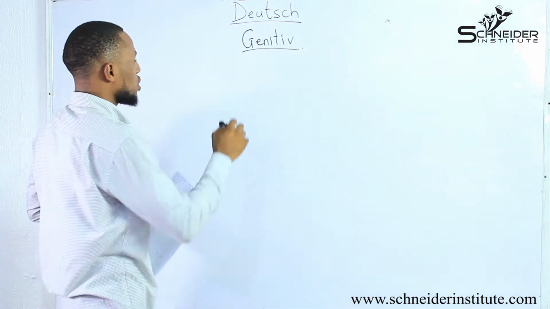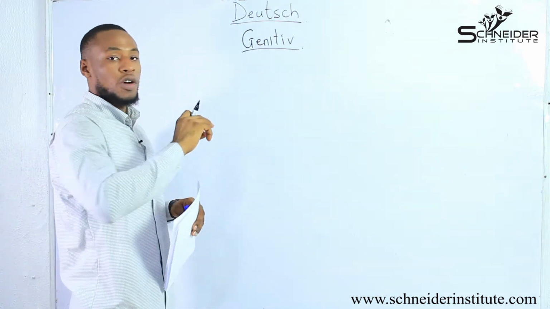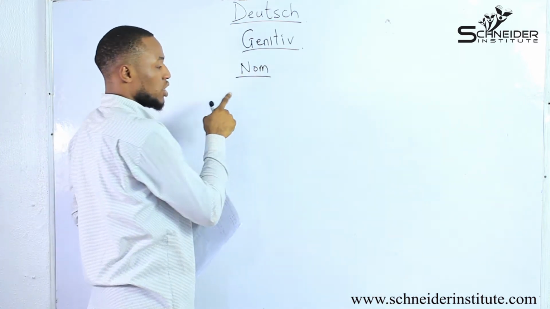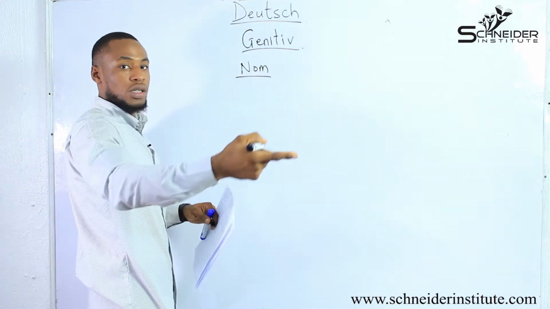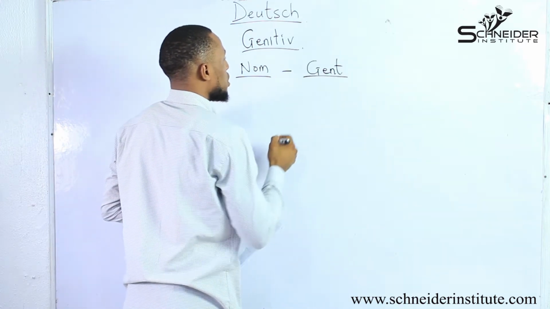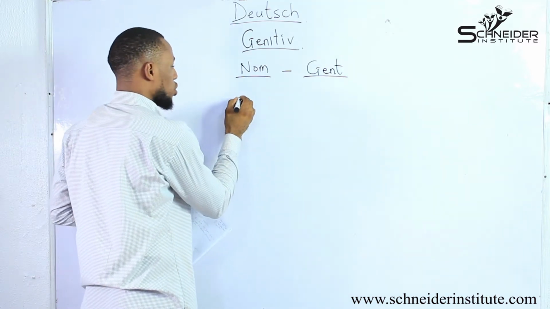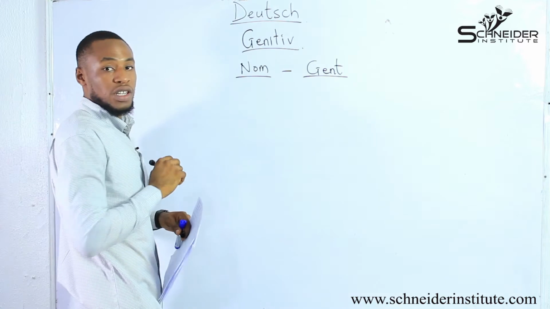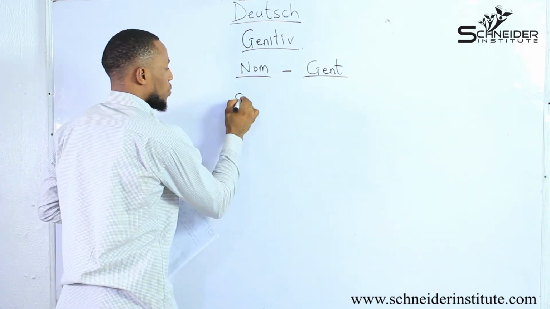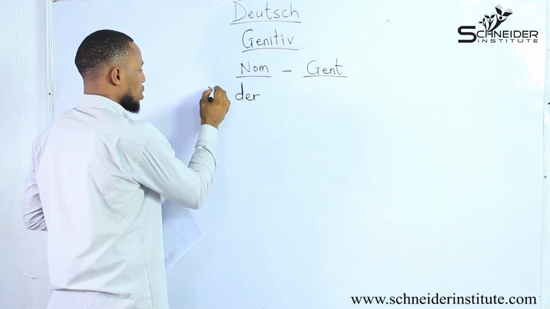Now I'm going to start with the definite article because I want to give you the genitive forms of these articles. Firstly, recall, I'm using this to indicate the nominative, which is the subject case, and I'm going to use this to indicate the genitive case. I'm starting with the definite article, after which I'm going to go over to the indefinite article. Masculine goes with der, as we know, so I'll simply use M to indicate that.